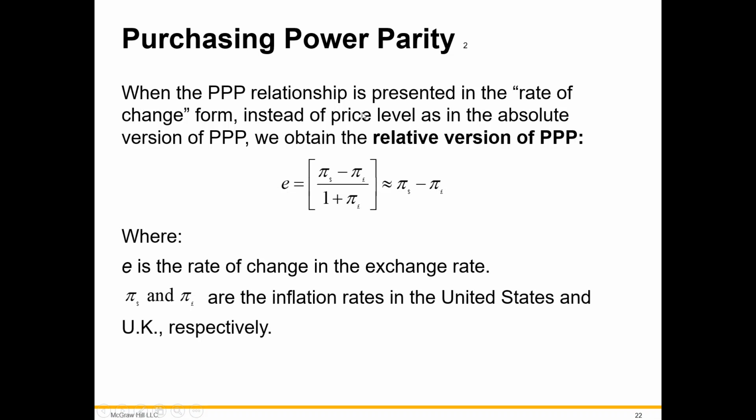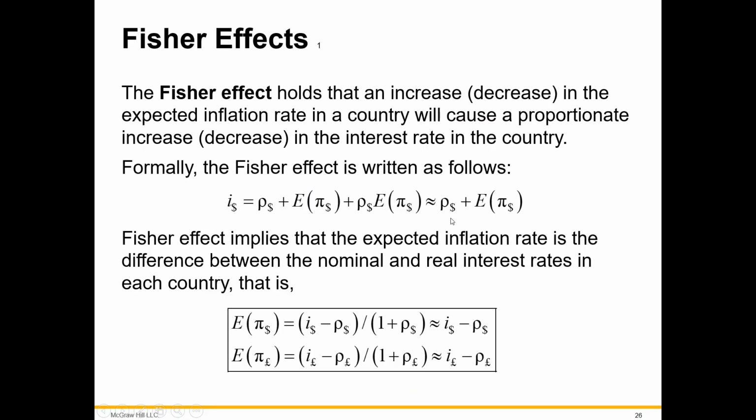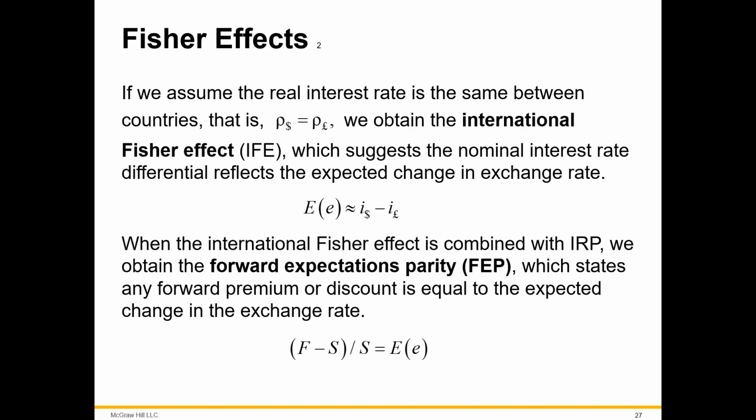So if we have the purchasing power parity version and then combine it with the Fisher effect, you get this international Fisher effect: differences in nominal interest rates reflect the expected change in the exchange rate.